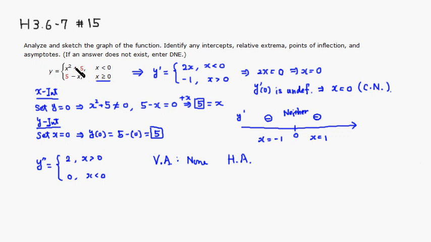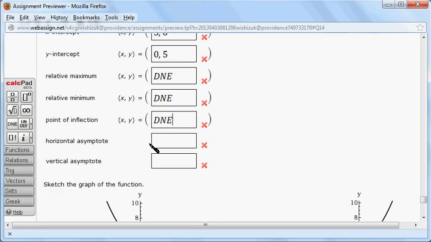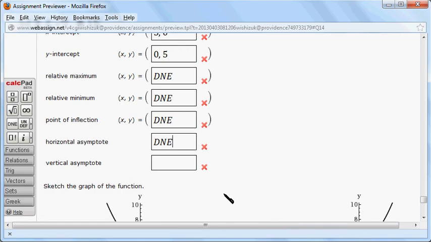And this guy, as x approaches negative infinity, it's going to approach positive infinity. So there are no horizontal asymptotes or vertical asymptotes. So this is another does not exist.